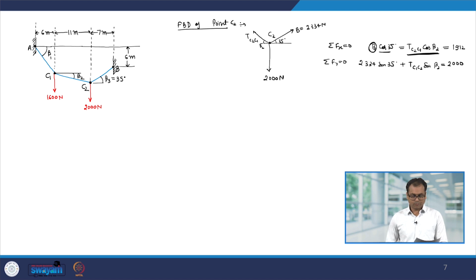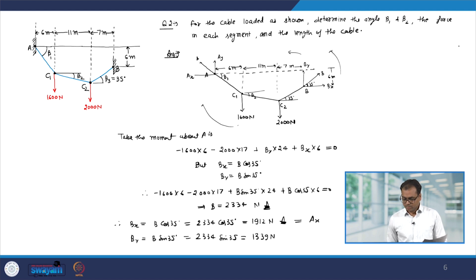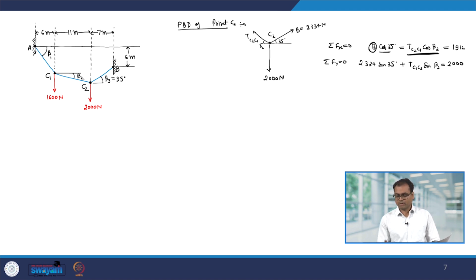I can find out it is 1912 because anyway this is the force in the horizontal direction, and we know that the force component along the horizontal direction is constant throughout the cable. So, you can use this value 1912, and you can also find out from B cos 35, because B is known, it comes out to be 1912.